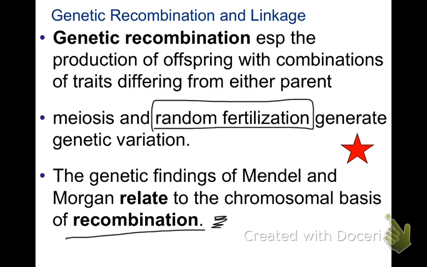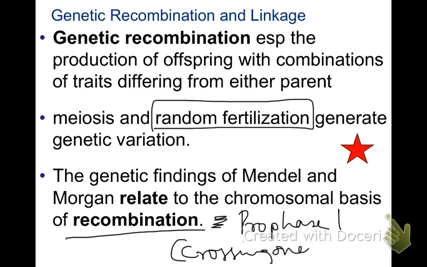They are basically elucidating the process of prophase 1, wherein you had crossing over and exchange of chromosomes. Okay, so this is what was actually elucidated by Thomas Hunt's experiment. Second, he also laid the foundation to genetic mapping.